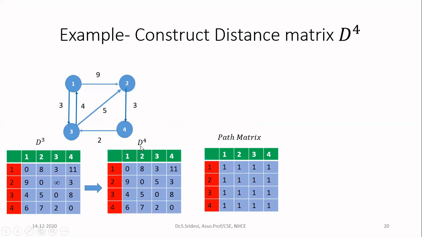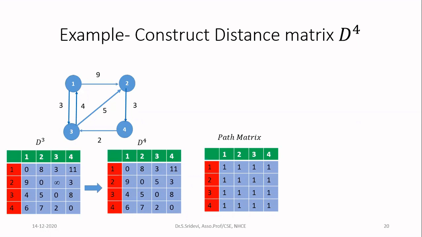If you consider this matrix, let me tell you from vertex 2 to vertex 3. If you see row 2, column 3, the cost is 5. The meaning of this is, if I want to go from vertex 2 to vertex 3, the total distance will be 5. But we don't know whether it is a straight path, or a path through one vertex, or through two vertices, and so on.